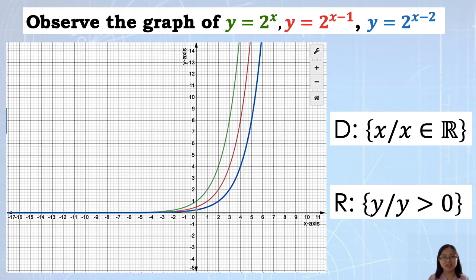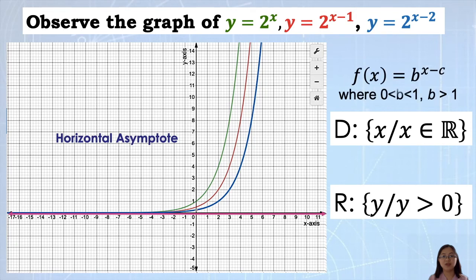Same thing. Same domain and same range as the parent function. So what we have observed here is that it had only a horizontal asymptote, and there's only a horizontal shift to the right.